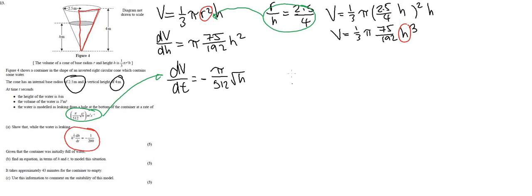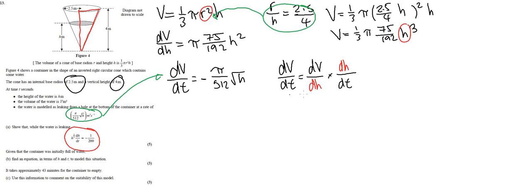Now remember we learned from the chain rule that dV by dt must be equal to dV divided by something times dt. Well, what's the thing that's linking them here? It is our dh. That's the thing that's linking them together.